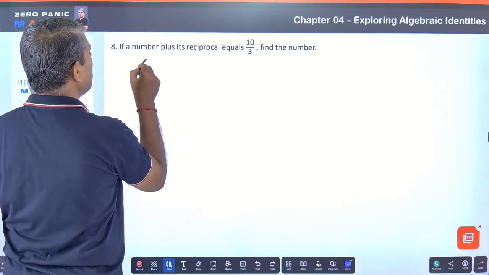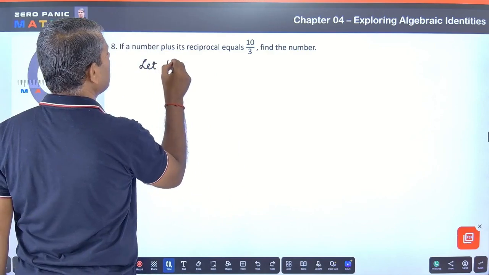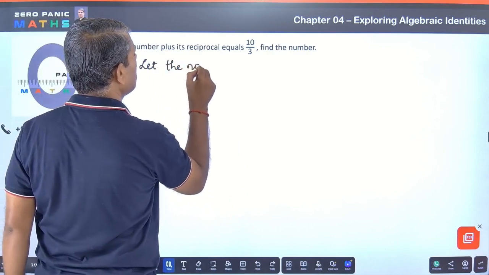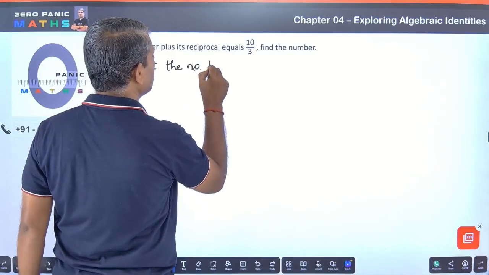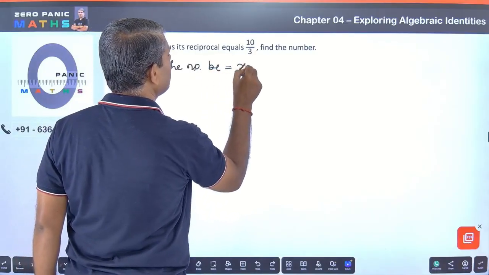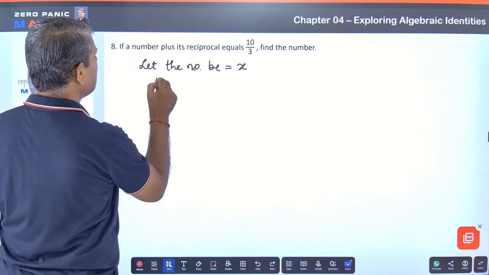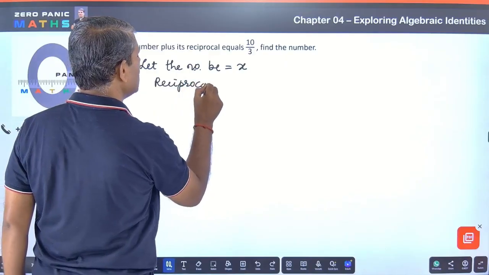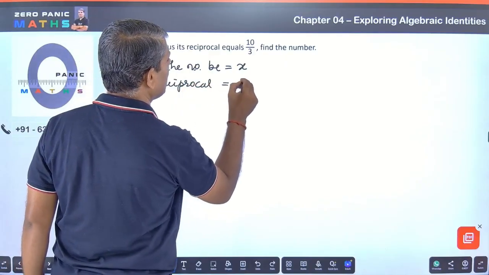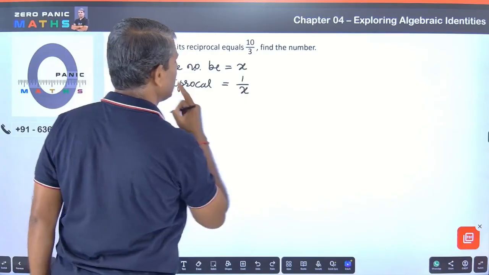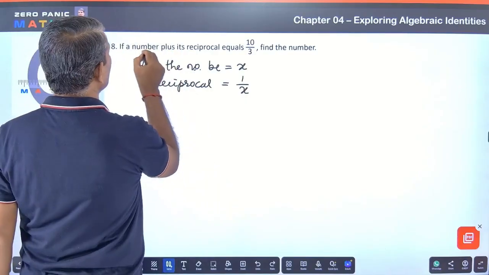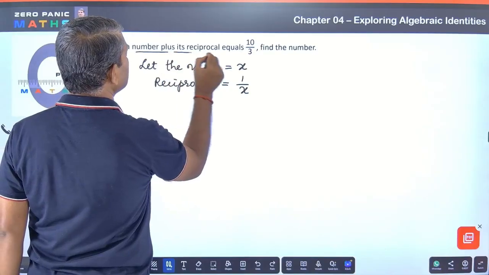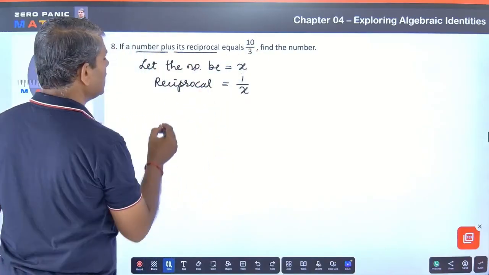So let the number be x, because we don't know the number. The reciprocal means the reverse of that, so the reciprocal is 1 by x. What is given is that the number plus its reciprocal is equal to 10 by 3.